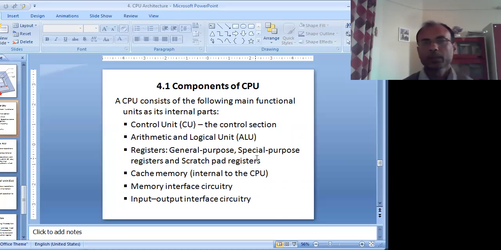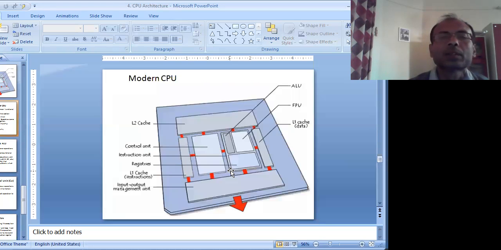So now, components of the CPU. The CPU consists of the following main functional units as its internal parts. Firstly, the control unit, which is the control section. Arithmetic and logical unit, the ALU. Third, registers. Different types of registers are there. Cache memory, that is internal to the CPU, as is clear from the previous slide.